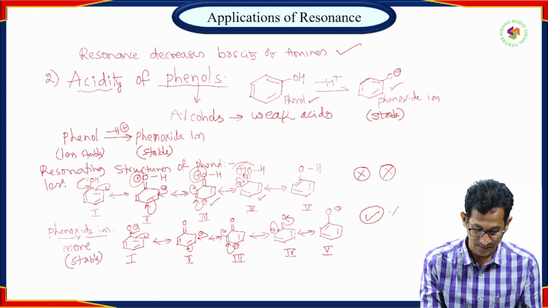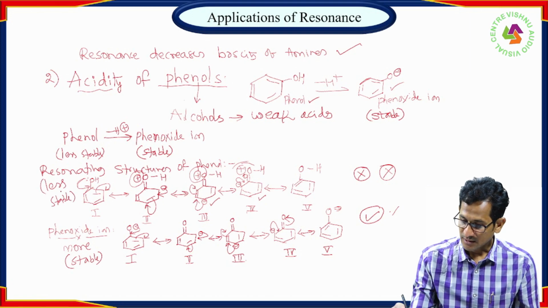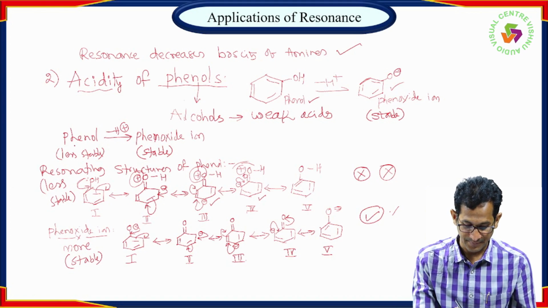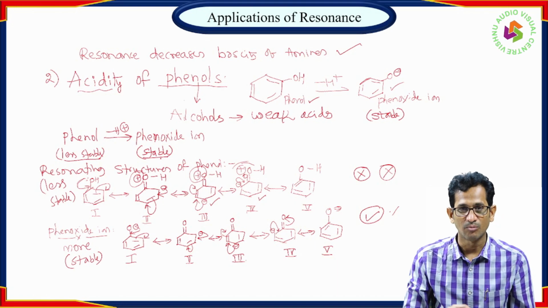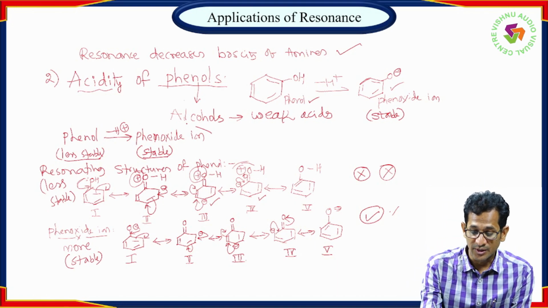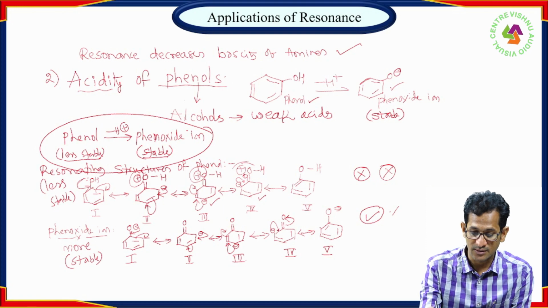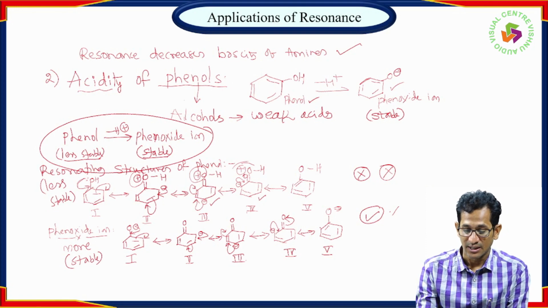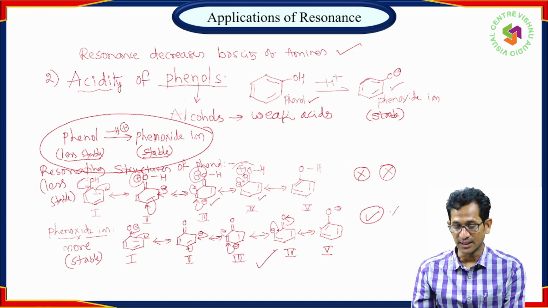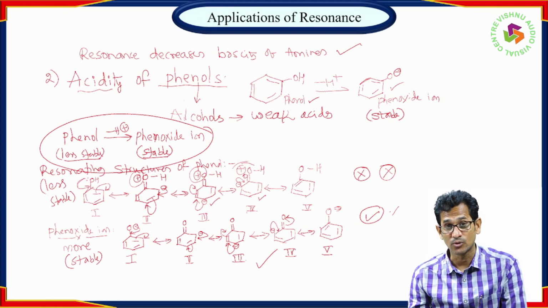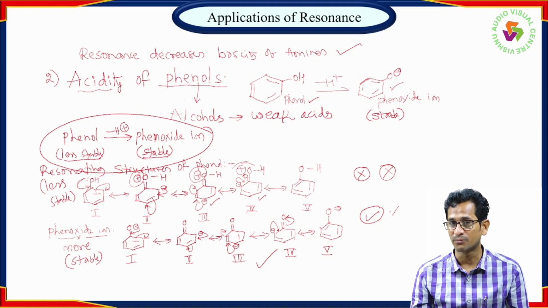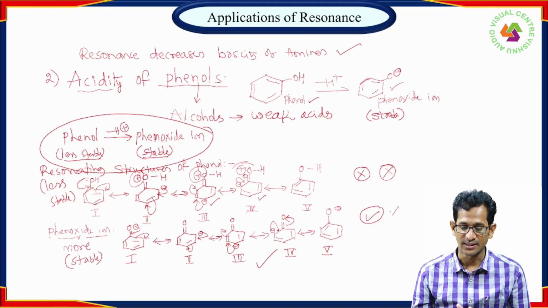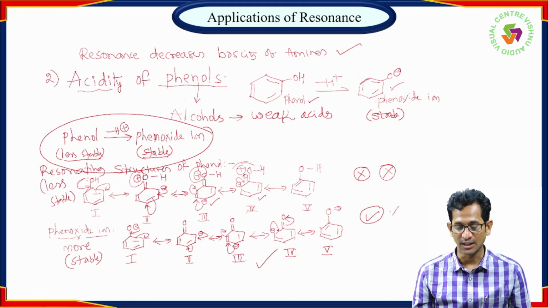This is less stable or unstable. That is what we have written here. Phenol is less stable, phenoxide ion is more stable. So this evidence can be explained by using the concept of resonance. So resonance increases the acidity of phenols, right? So that is about the acidity of phenols.